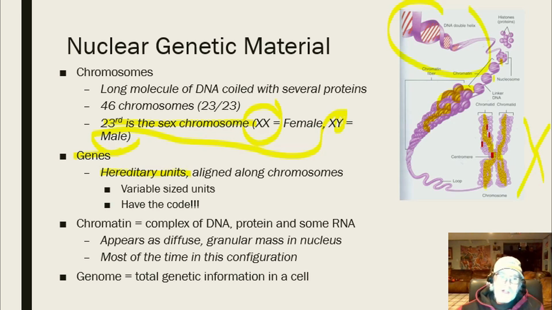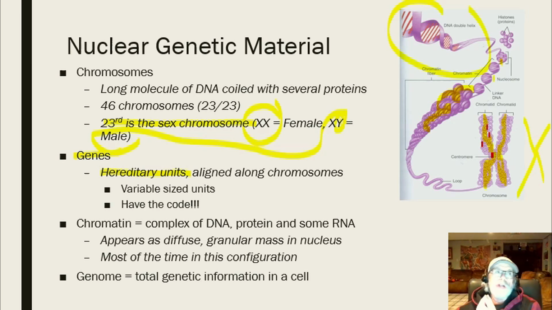Some of the genes are only a couple of sequences long. It depends upon how many amino acids are in that protein. If it's a very small polypeptide or small peptide, which only has a couple of amino acids, the gene unit is very small on the chromosome.